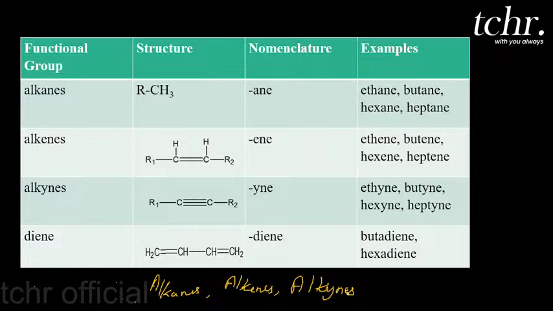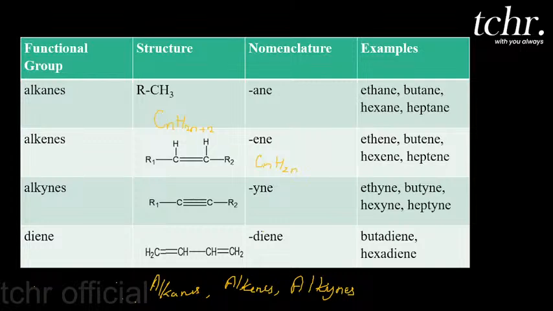So what is the general formula of alkane? The general formula of alkane is CnH2n+2. And the general formula for alkene is CnH2n.